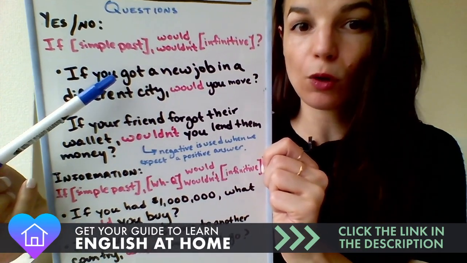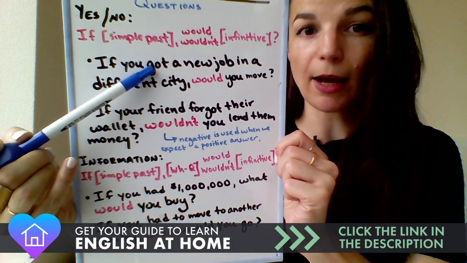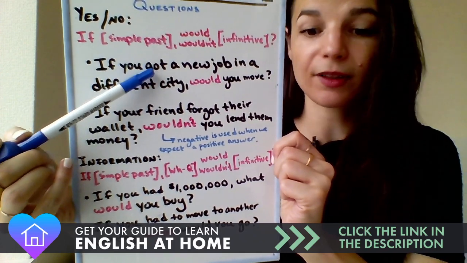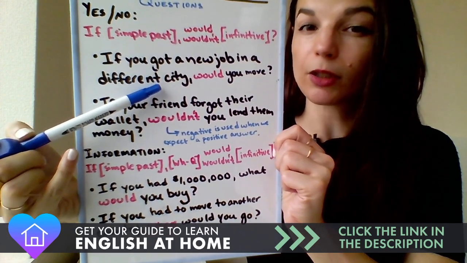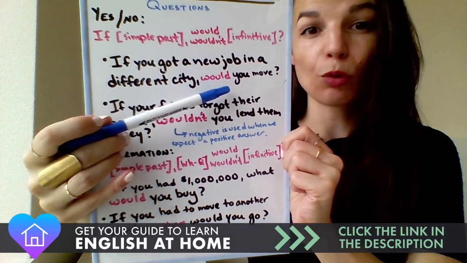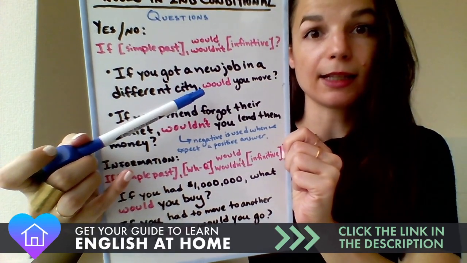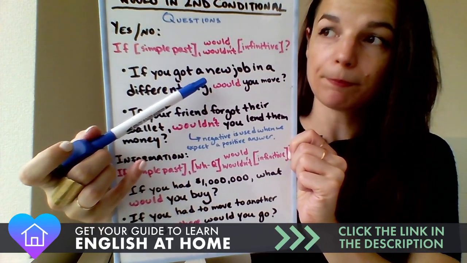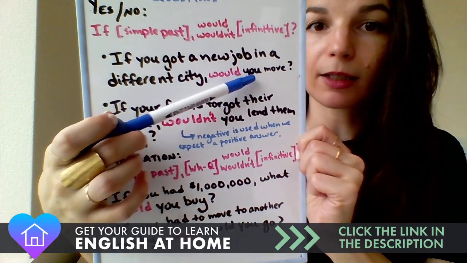So, if you got a new job in a different city, so here's my simple past tense verb. Get becomes got in simple past tense. If you got a new job in a different city, would you move? So different from the positive and negative sentences we practiced in part 1 and part 2, when we make our question, we have this subject right here.